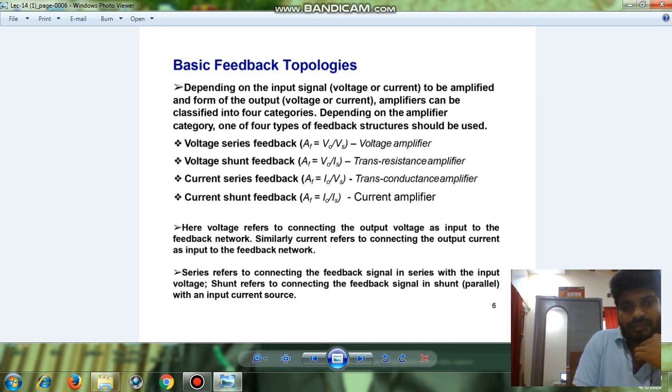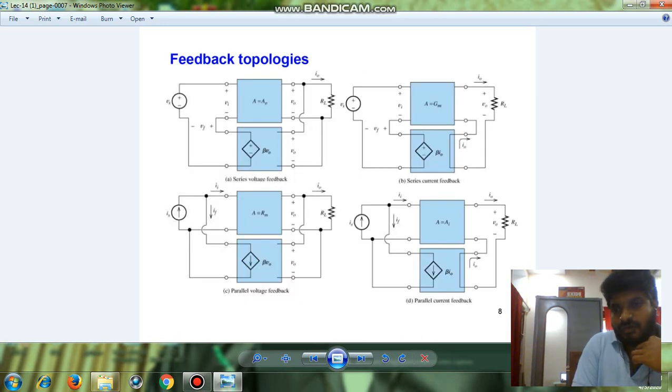Input is nothing but our source. If the input is voltage, the source is also voltage. The first letter is the output sampling, and the second letter is the mixing. What type of mixing, series or shunt? That will be clarified by seeing the next diagram. These are the four block diagrams for this.